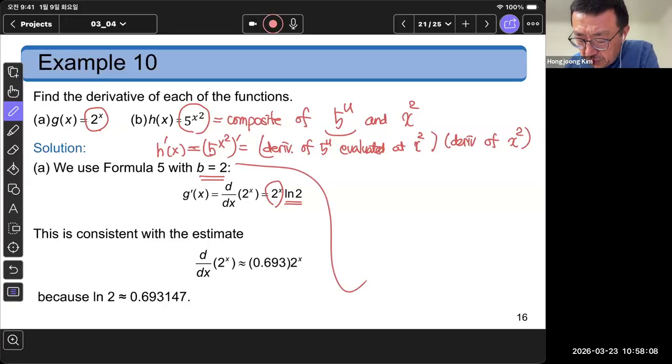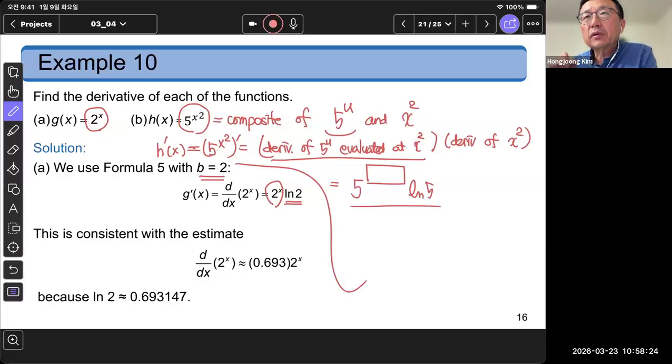So what is the derivative of 5 to the u function? As we studied, we get 5 to the u times ln 5. So that is the derivative of the outer function, and you evaluate this outer function at the inner function, x squared. And you multiply the derivative of the inner function, which is 2x.